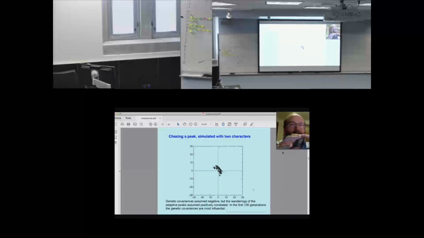We also have to be sensitive to the fact that the peak can wander, and if you have multiple species, you may have multiple peaks. Here are multiple peaks, and they can wander separately. So it's a little bit more complex than just the issue of the shape of a single peak.